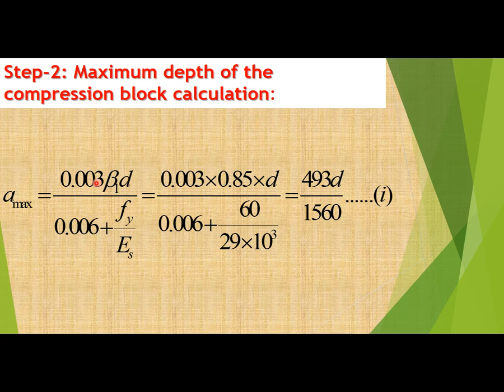We have the value of beta 1, fy and Es. Put the values of beta 1, fy and Es, and solving it, you will get a max equal to 493d by 1560. Let's denote this by equation 1.